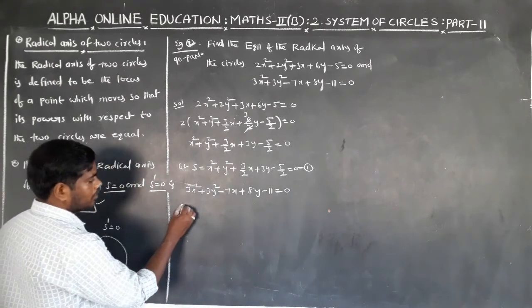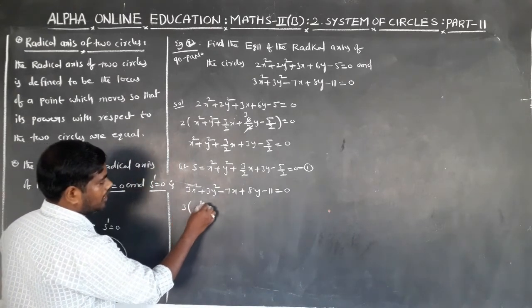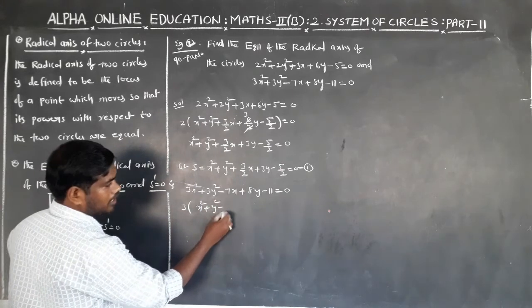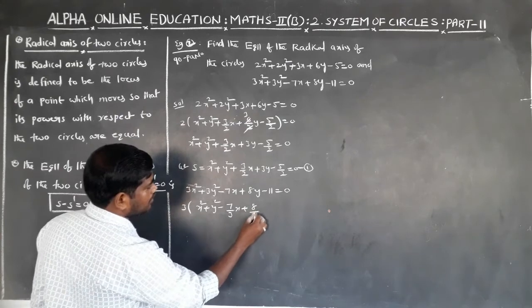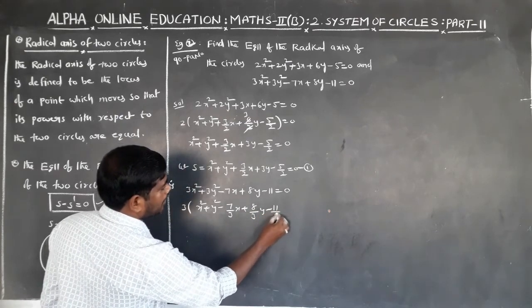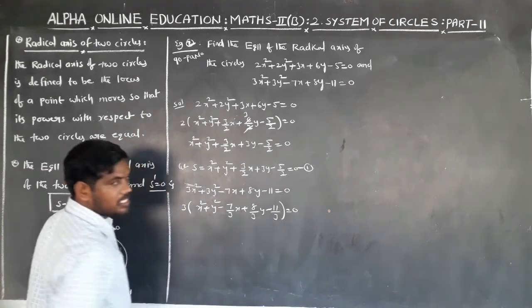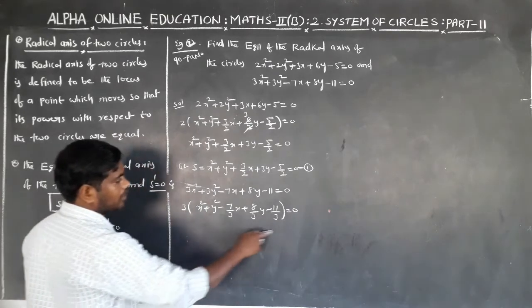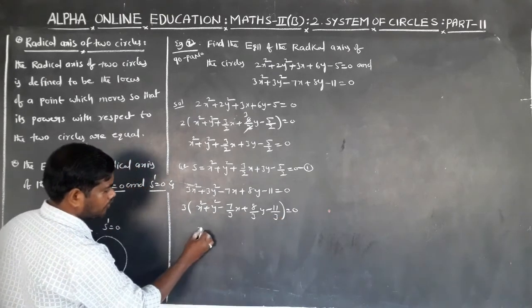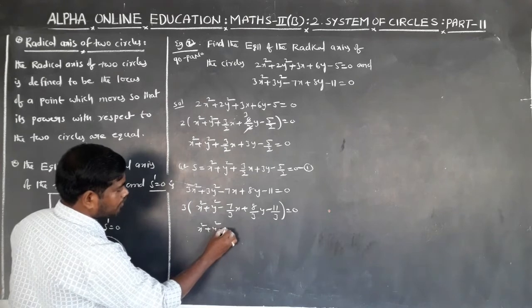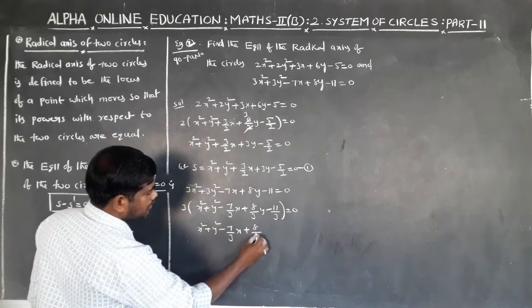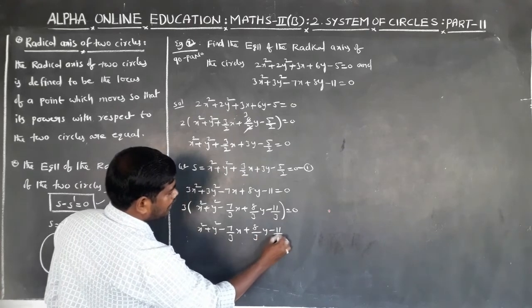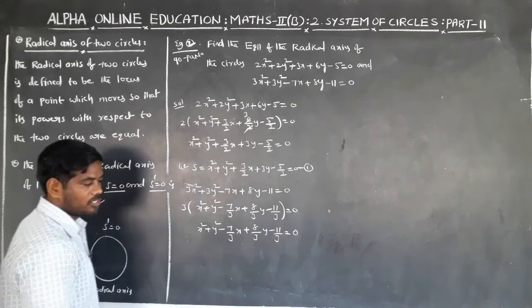Taking 3 common: x square plus y square minus 7 by 3x plus 8 by 3y minus 11 by 3 is equal to 0.